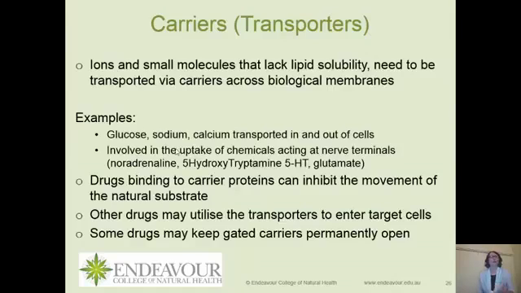So therefore these ions and small molecules that are soluble in water need a carrier channel to move through, and these are proteins. So glucose is one such small molecule that, because of its water solubility, needs a glucose channel, a protein. We called it GLUT and studied GLUT4 in skeletal muscles.